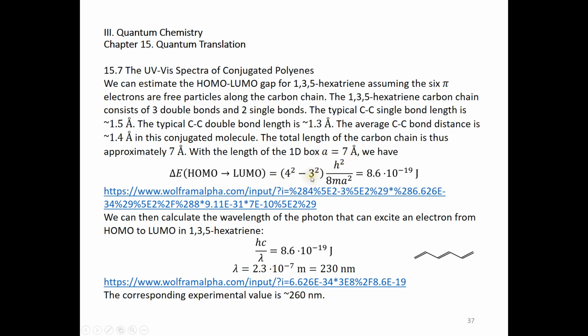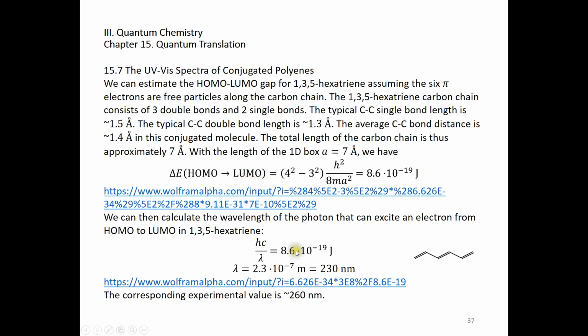Plugging all these numbers into the Wolfram Alpha page, you get 8.6 times 10 to the power of negative 19 joules. That's the HOMO-LUMO gap. We can now calculate the wavelength of the photon that can promote an electron from HOMO to LUMO. The photon energy has to be the energy difference between HOMO and LUMO.